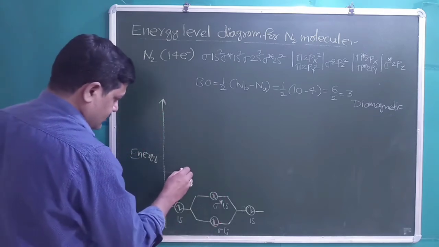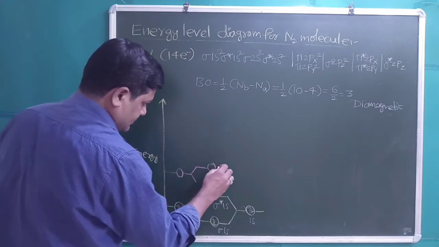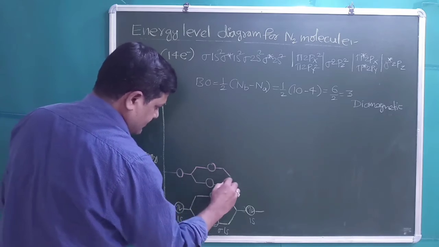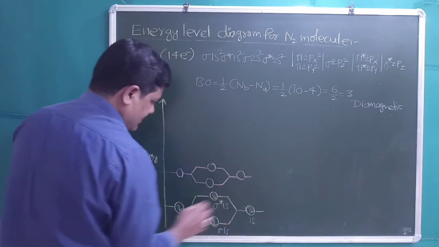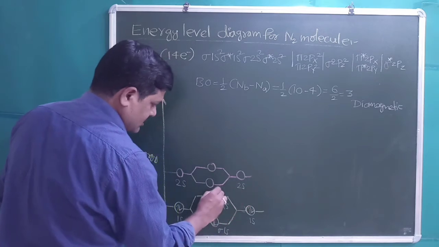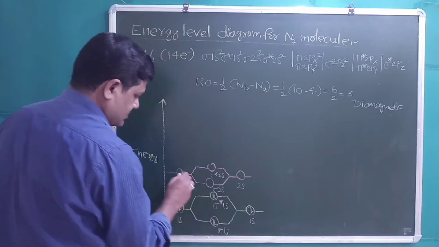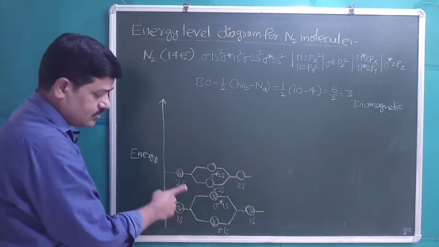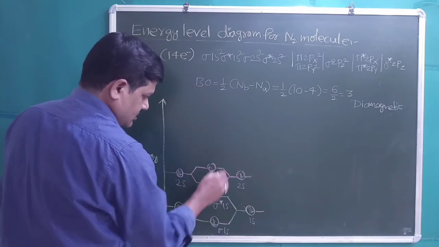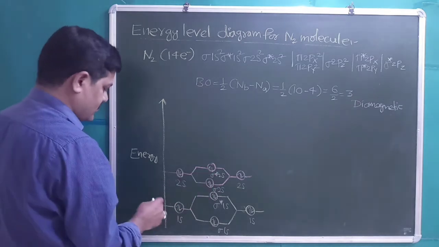Next level, the 2s orbital of one nitrogen mixes with the 2s orbital of the other nitrogen, which gives sigma 2s and sigma star 2s. The sigma 2s orbital has 2 electrons, and sigma star 2s also has 2 electrons.